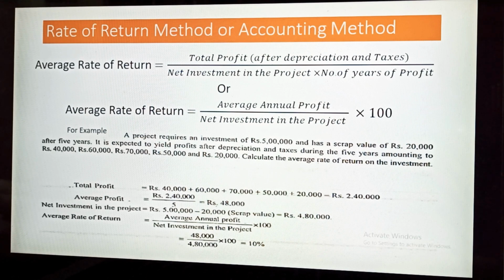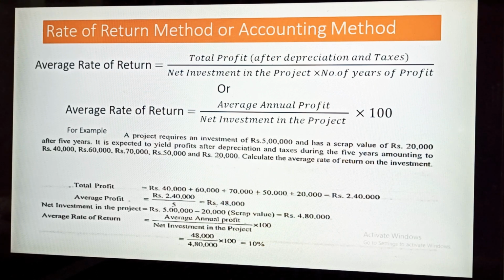Under this method, this is the accounting concept of profit. You can say net profit after tax and depreciation is used rather than cash inflows. In this method, various projects are ranked in order of the rate of earnings or rate of return. The project with the higher rate of return is selected as compared to the one with the lower rate of return. And this method can also be used to make a decision as to accepting or rejecting a proposal or project.